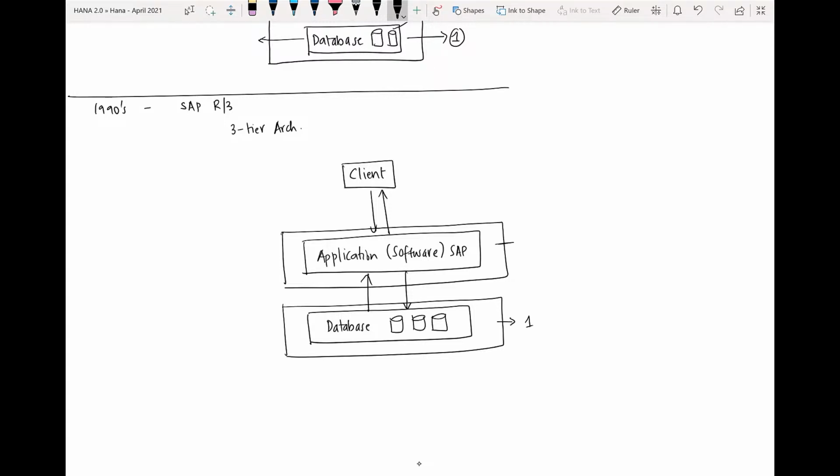The only problem is it probably cannot store data inside your database, but people can still continue to do reporting on this system, and vice versa. So this is the first layer, this is the second layer, and this is the third layer. The third layer is called the client. This is called client-server architecture.